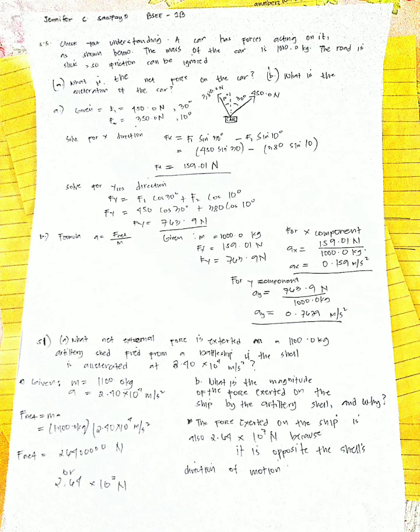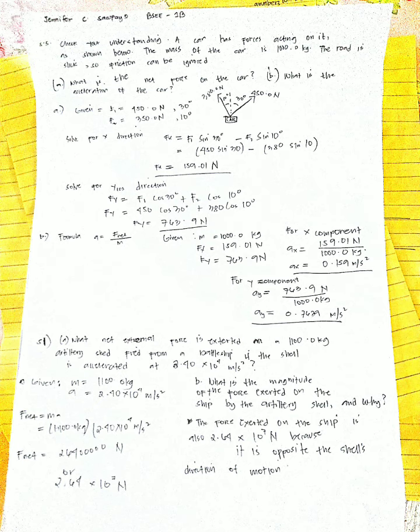So given m equals 1,100 kilogram and the acceleration is equal to 2.40 times 10 to the power of 4 meters per second squared. We derive the formula F net equals ma, which is 1,100 kilogram times 2.40 times 10 to the power of 4 meters per second squared, equal to 26,400,000 Newton, or 2.64 times 10 to the power of 7 Newton.